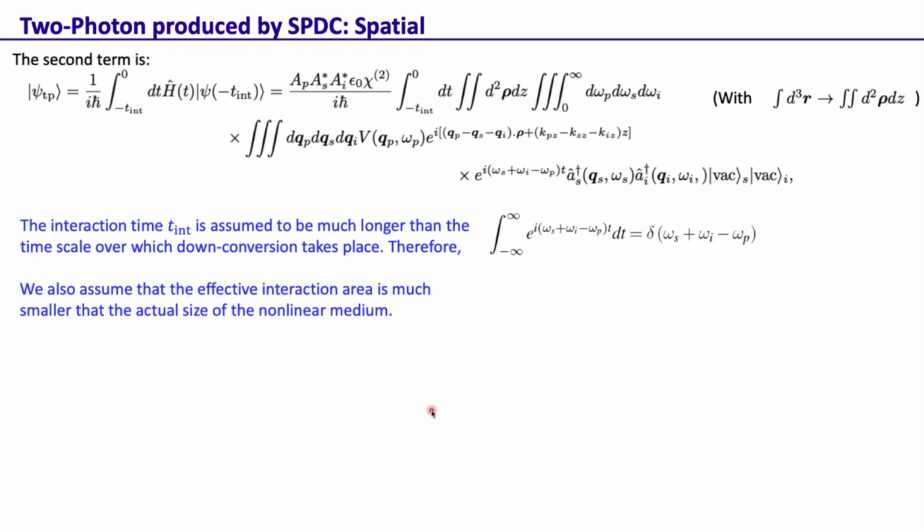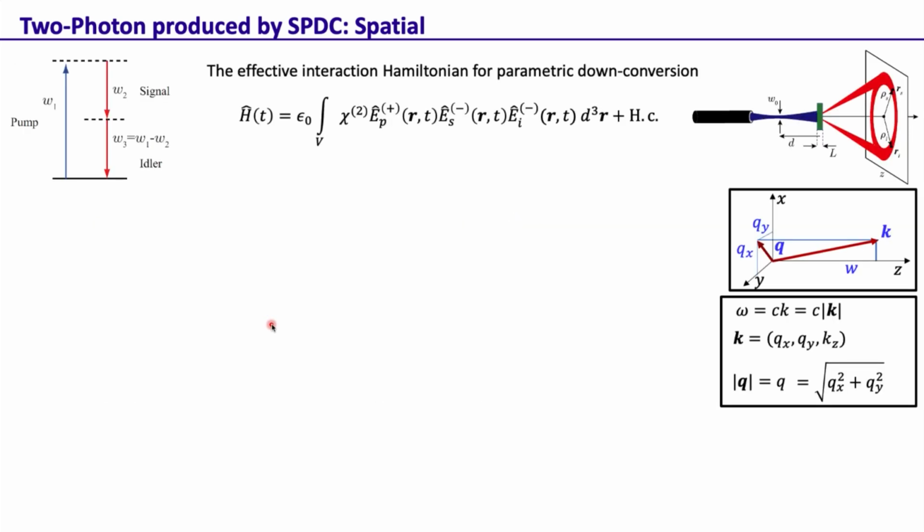Similarly, we also assume that the effective interaction area is much smaller than the actual size of the nonlinear medium. And for this we can just go back to this figure. This assumption essentially means that the size of this laser beam that is falling onto this crystal and doing the interaction is much smaller than the transverse size of the nonlinear medium.